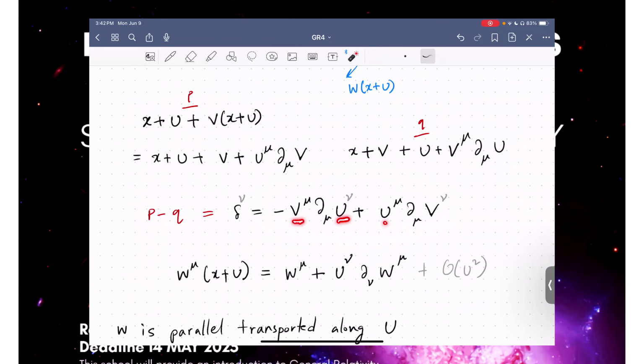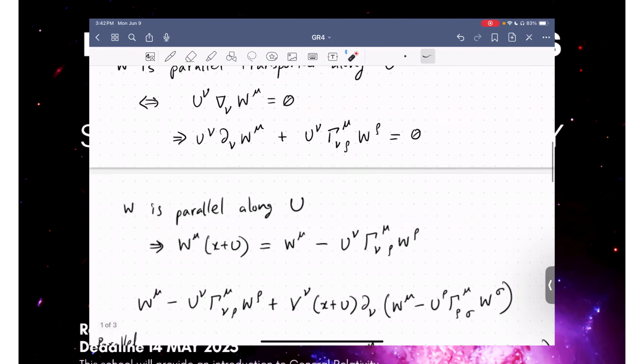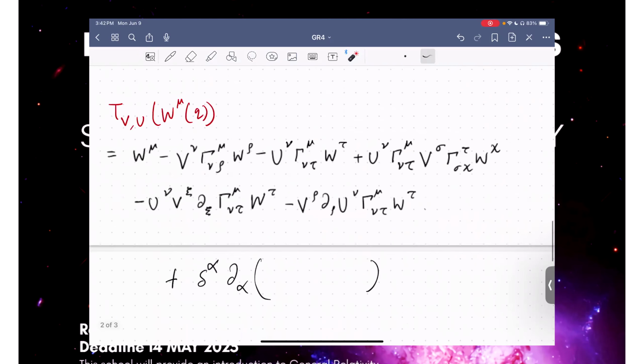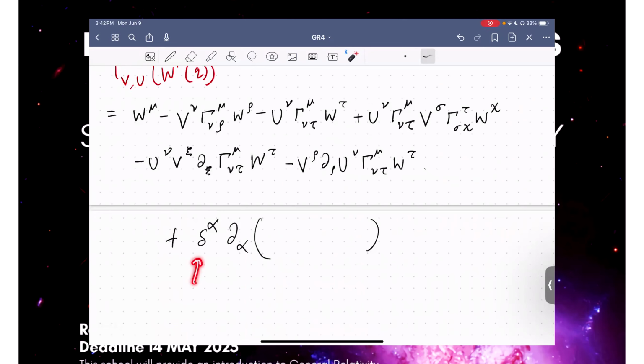It is already quadratic in the vector fields, and as we said earlier, we're only keeping track of terms that are at most quadratic in the vector fields. So this is already quadratic in U, V. And since this is the highest order up to which we are keeping track of the terms, we only need to keep track of terms here that have absolutely no dependence on U and V.